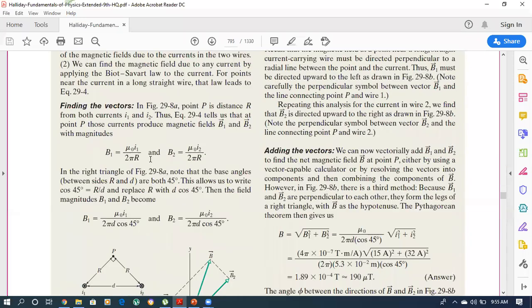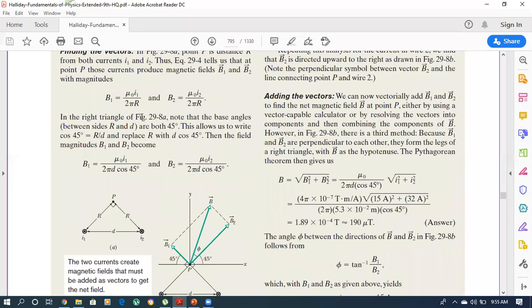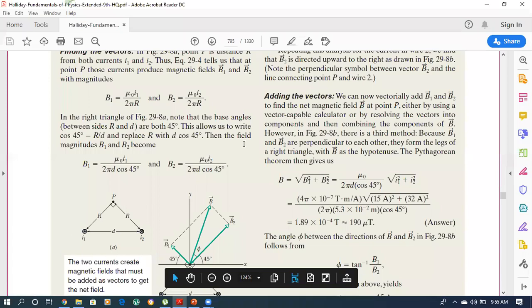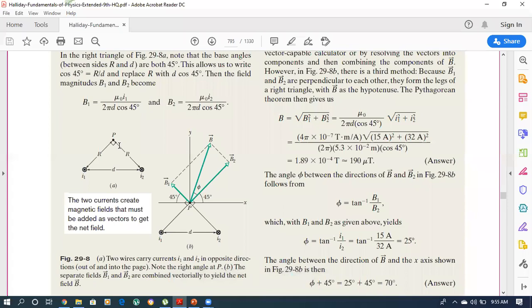Here we are given the magnitudes of the currents, and the currents are not the same: wire 1 is 15 ampere and wire 2 is 32 ampere, and the distance is also given. The current I2 is much stronger than the current I1, so the effect of the two will not be similar, and there will be a net magnetic field.